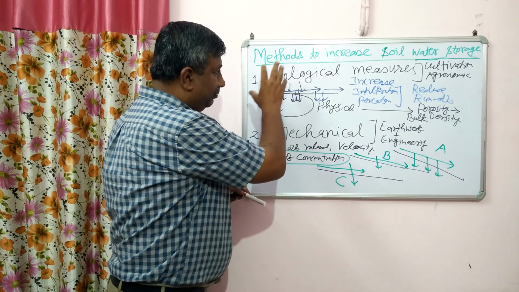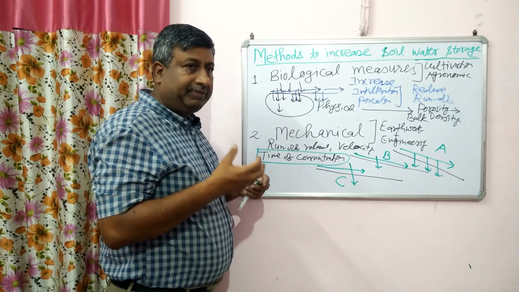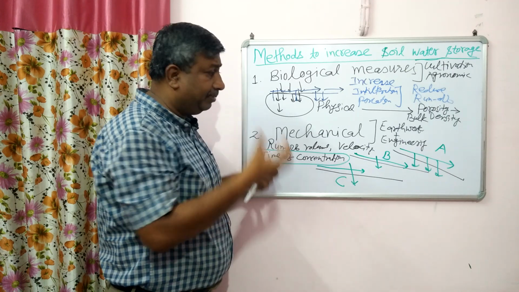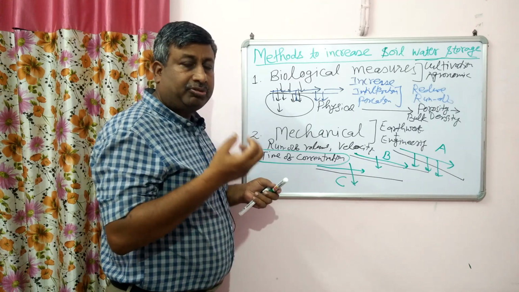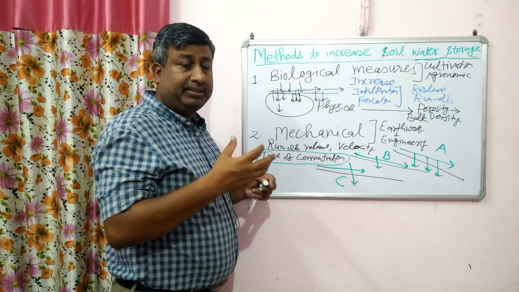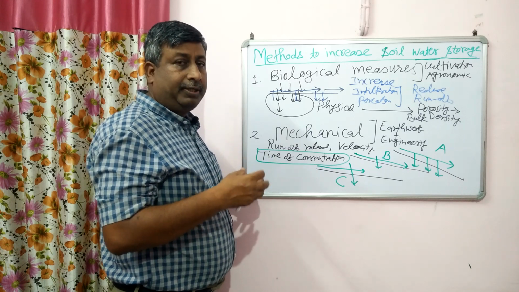So biological measures are cultivation practices, meaning we do the cultivation in such a way that soil properties are maintained. But in case of mechanical measures, we do some construction work. So these mechanical measures are long lasting, permanent or semi-permanent in nature.